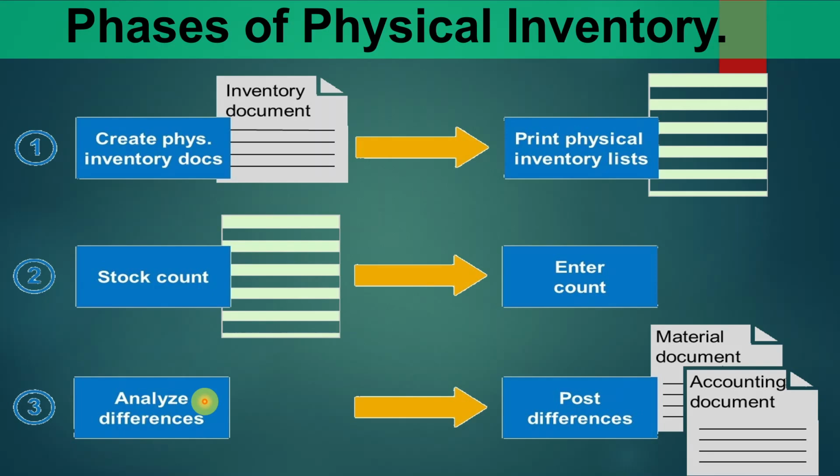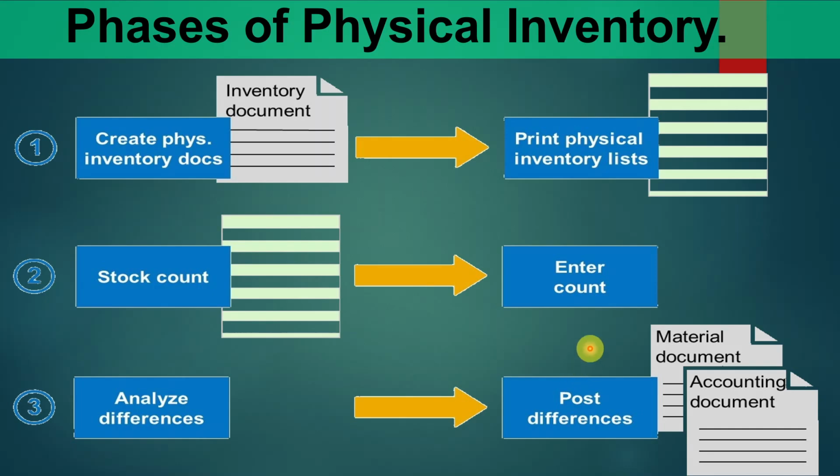For example, for XYZ material the count as per system is 10, but on the shop floor it might be 9 or 11 and so on. So it might be positive or negative. Then at last, these differences are posted. In the example of 10 quantities, if there are 9 items, then one item is missing, and that needs to be settled against a certain account. So it is posted against the physical inventory difference account.